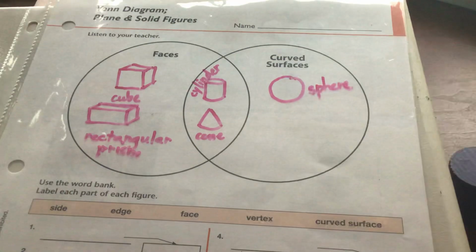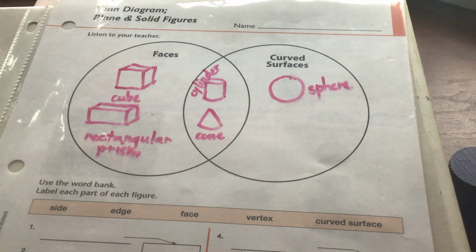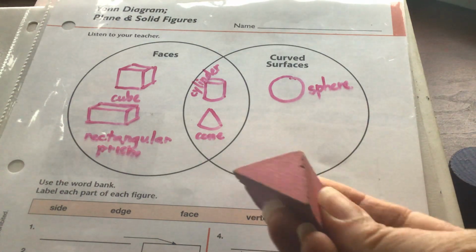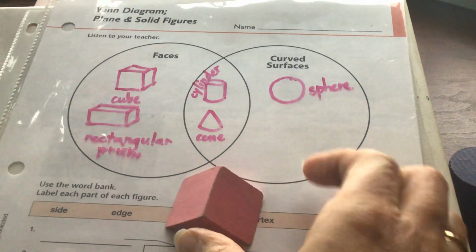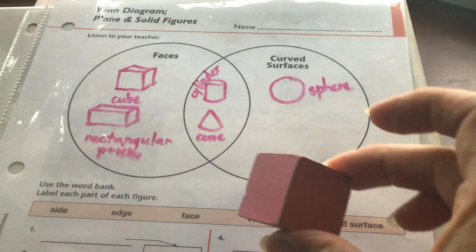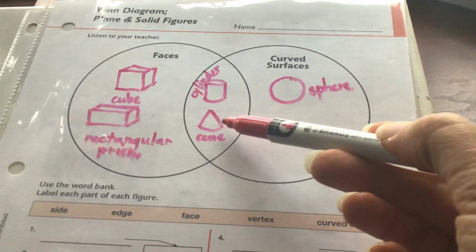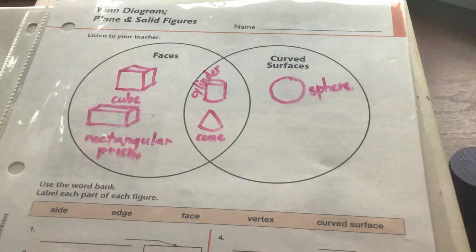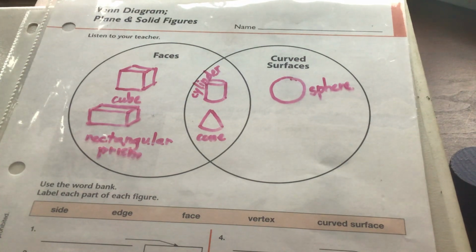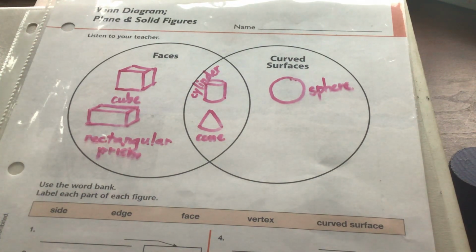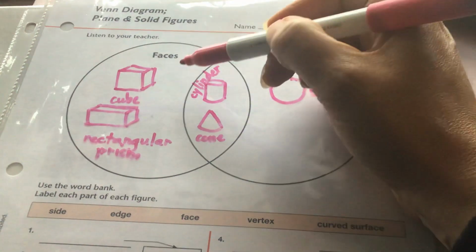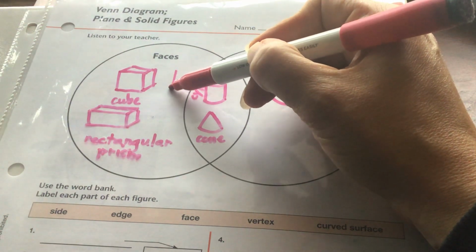And another one that I couldn't find, I found a triangular prism. I was raiding the kids' blocks. I couldn't find the big set. This is a triangular prism, but that wasn't one of our words. We need a rectangular pyramid. Well, where would a pyramid go? A cone is here, but a pyramid actually has faces. It has flat sides. So an easier way to draw a pyramid is to actually draw this angle.